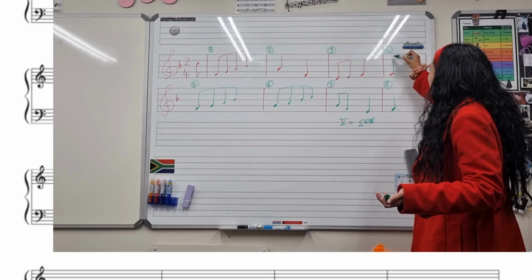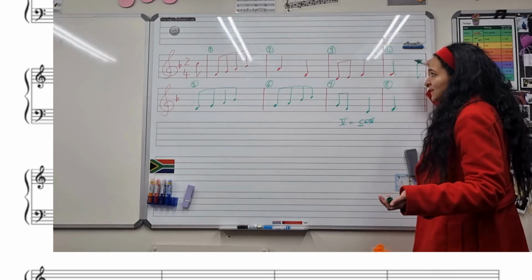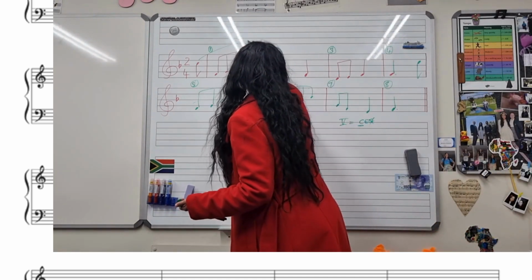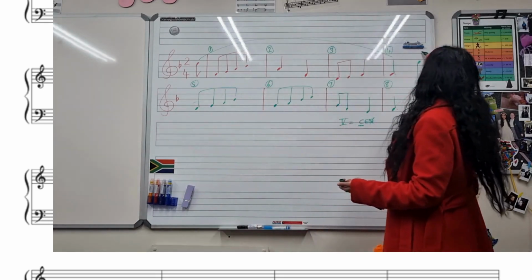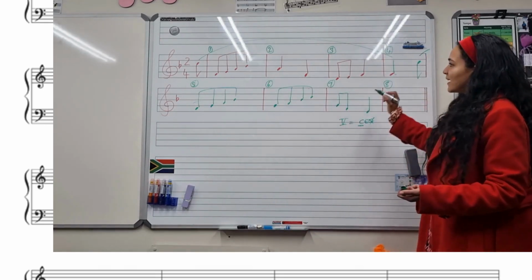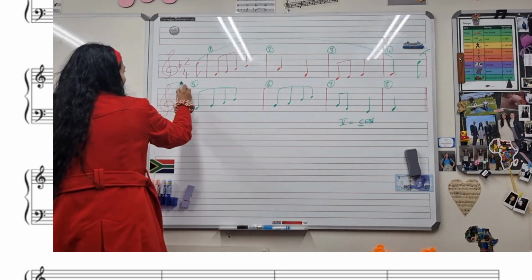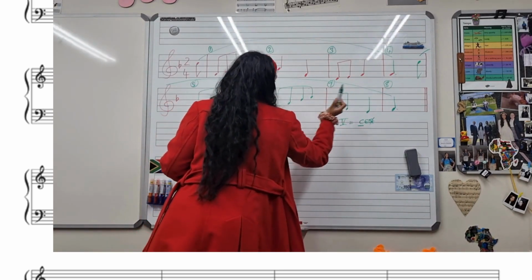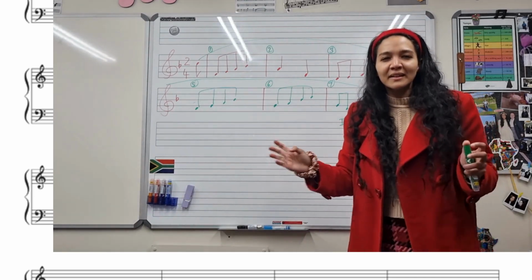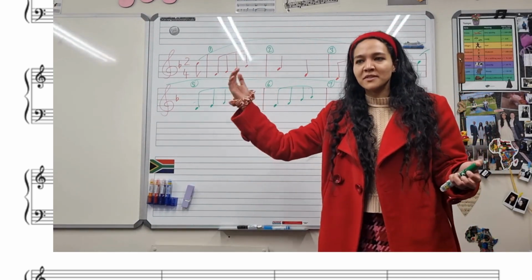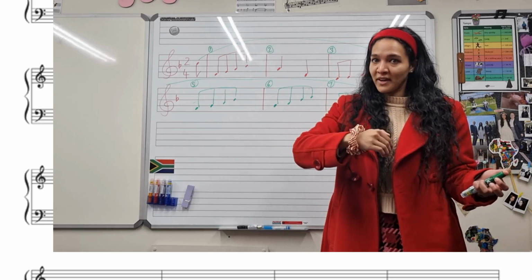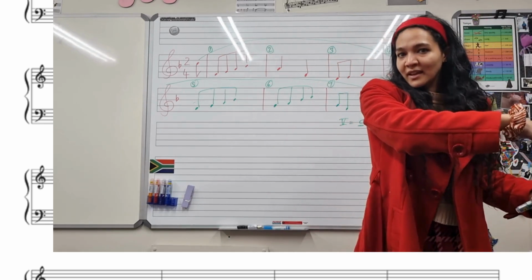So not from what I made a note value here, but from my upbeat. So upbeat to there, and then new upbeat. So this is actually going to go over the page. It's going to come over, and I'm going to go over there to my note. So phrasing a little bit different, but remember it's from upbeat to the end of your phrase, and then from your upbeat to the end of the exercise.